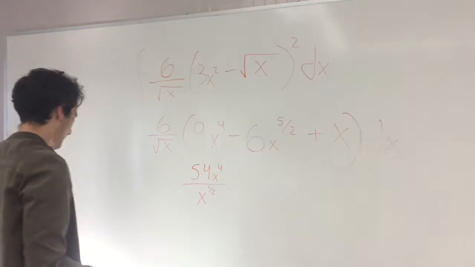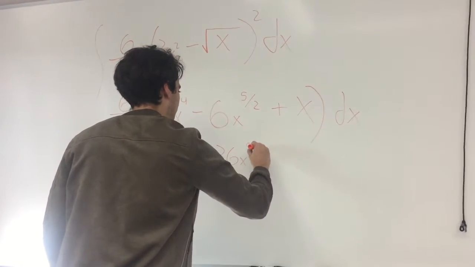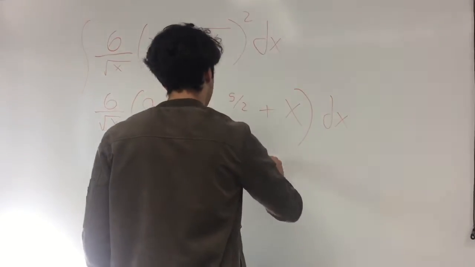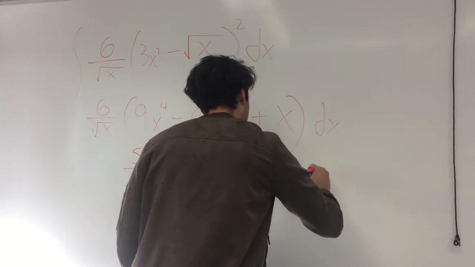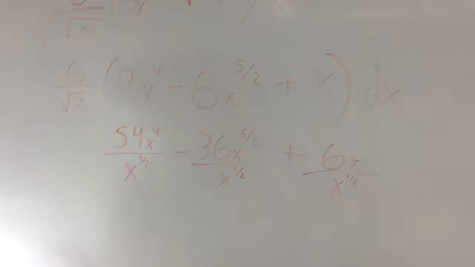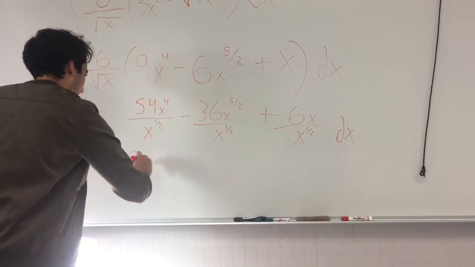So 6 times 9 will be 54, x^4 divided by x^(1/2), minus 36x^(5/2) divided by x^(1/2), plus 6x divided by x^(1/2).